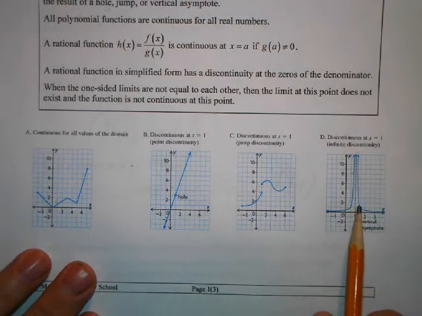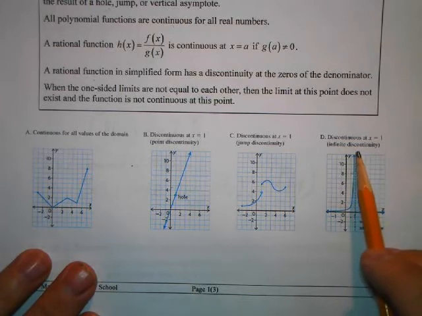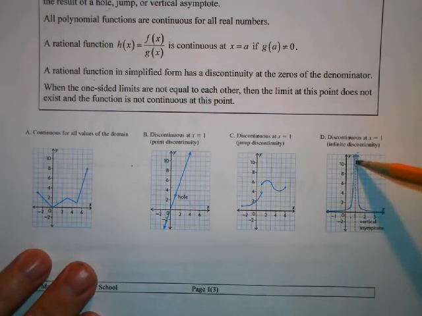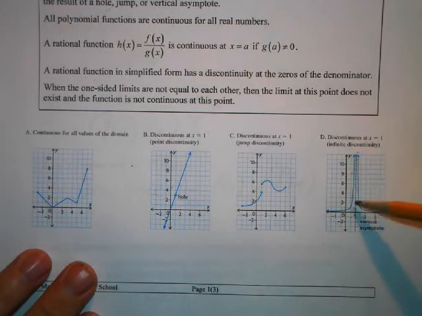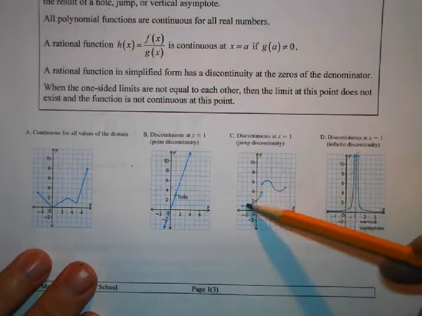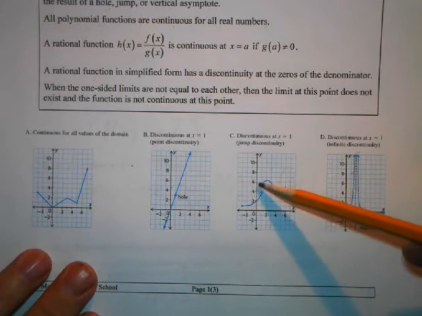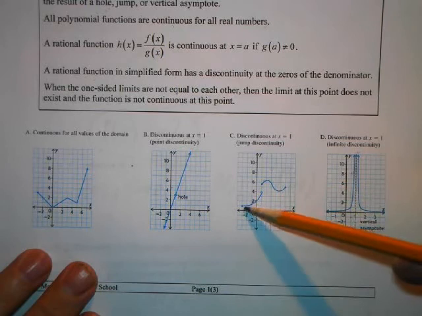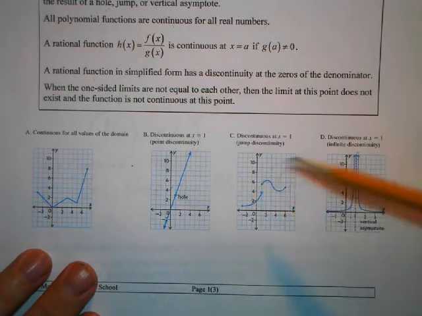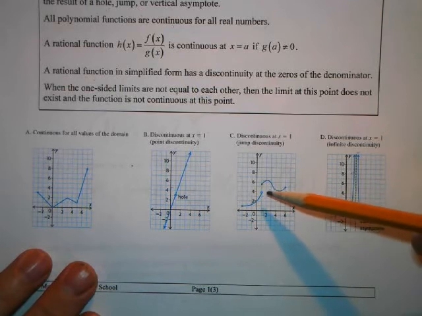The limit as x approaches positive 1 is positive infinity, but even though the limit exists, this is not continuous, because there is no value of the function at x equals 1. Here, this is one we just did, really. We have a piecewise function. The limit does not exist here because the limit from the left side is not the same as the limit from the right side. So if that's true, the limit doesn't exist, it has to be discontinuous.